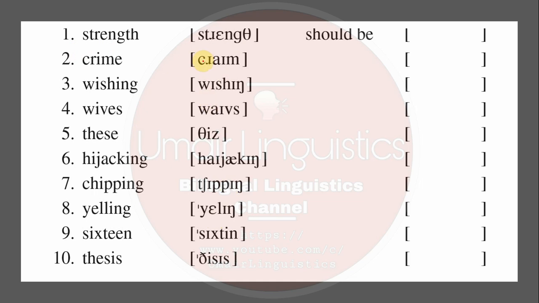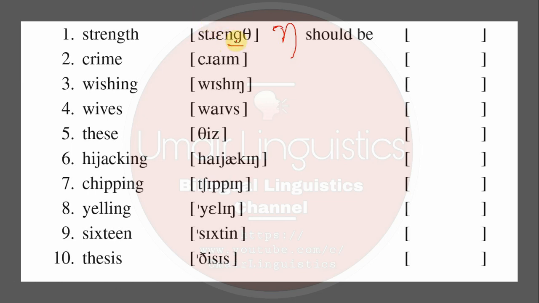For example, if we look at the first word, how shall we pronounce it? It would be pronounced as "strangus", but it is usually not pronounced in this way. The error is that instead of this n and g sound, the sound which should be here is this sound, which is called angama.